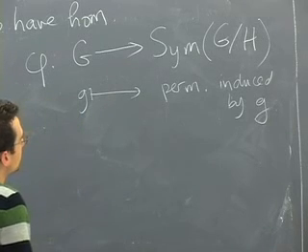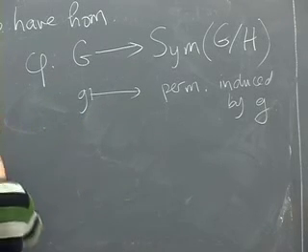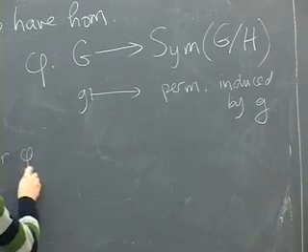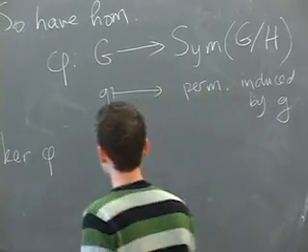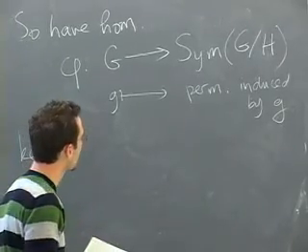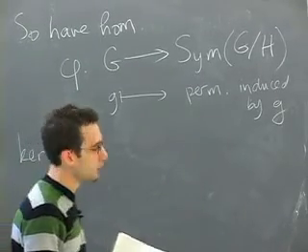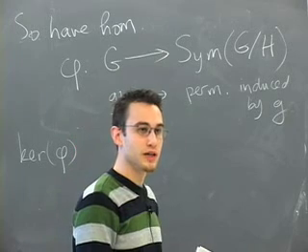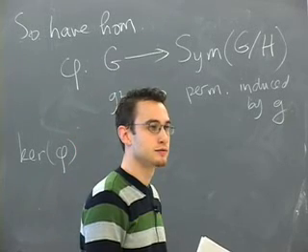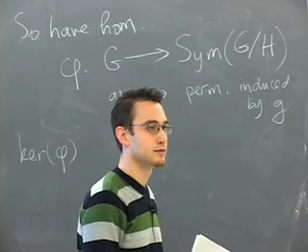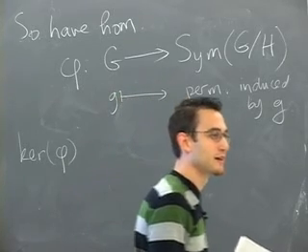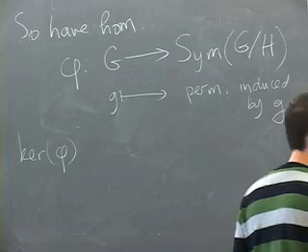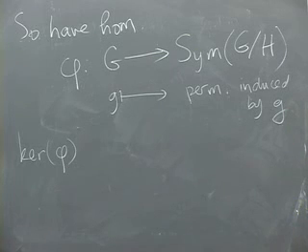Now, let's talk a bit about the kernel. Can the kernel possibly be all of G? Well, consider what's happening here. We have G acting on G mod H by left translation.